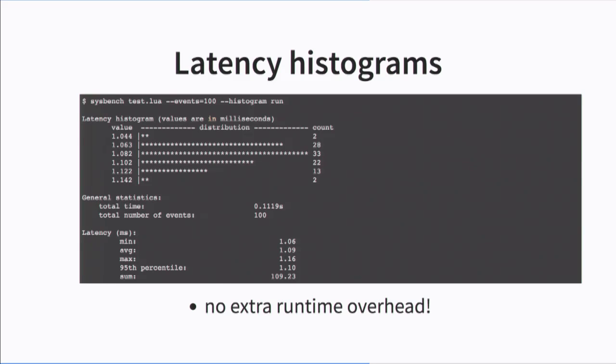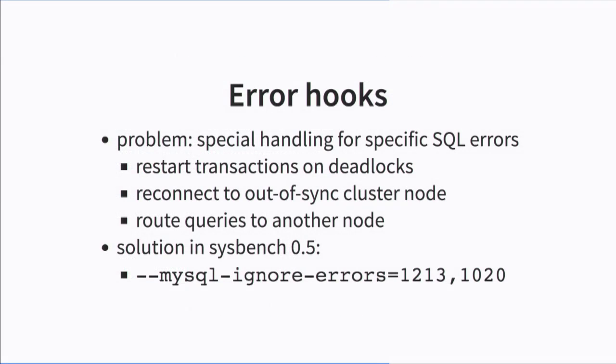So I added this option. If you pass --histogram on the command line, sysbench will also print a latency histogram as a part of its final report. And the nice thing about it is that there's no extra runtime overhead, because sysbench maintains the data structure anyway to generate percentile statistics, so you get it for free.